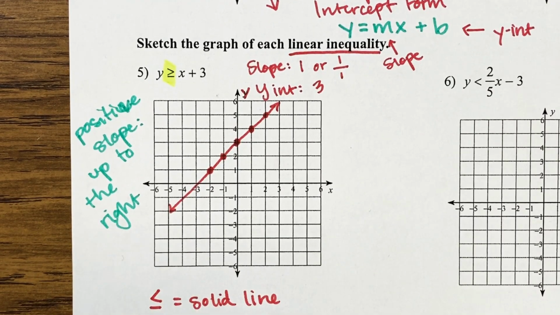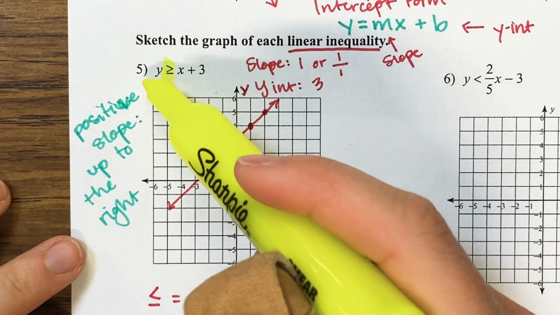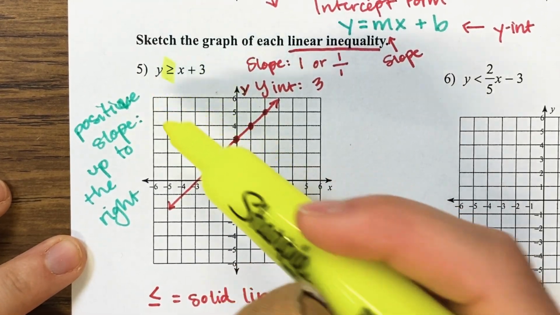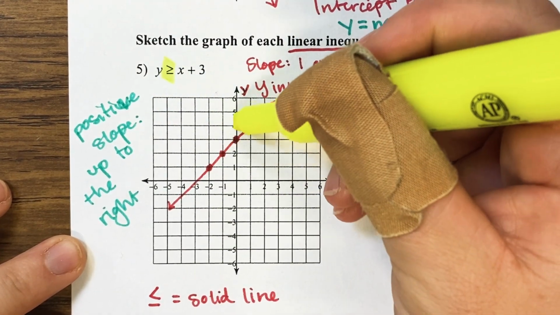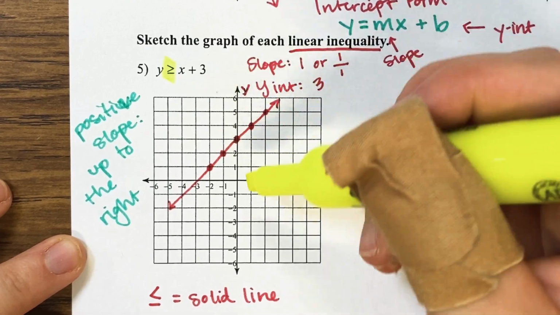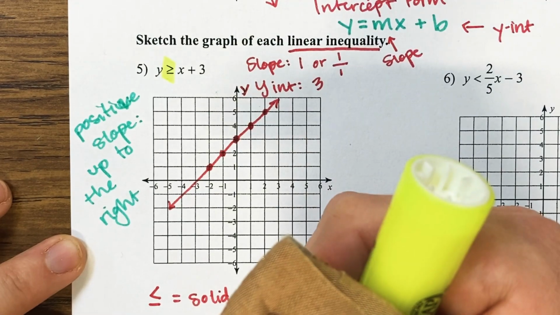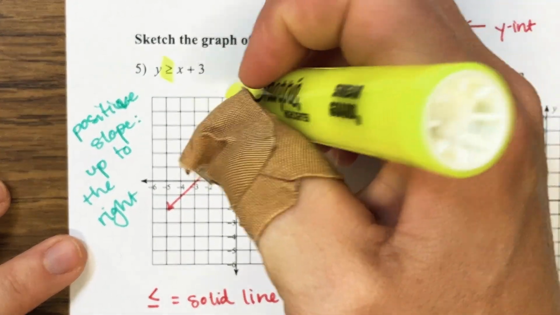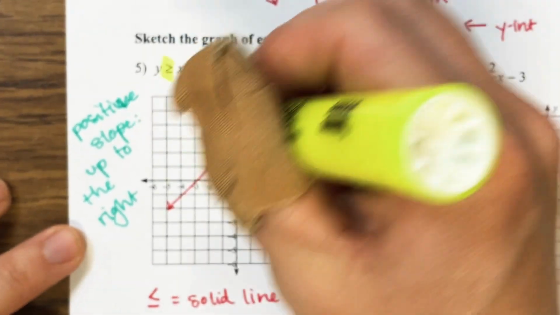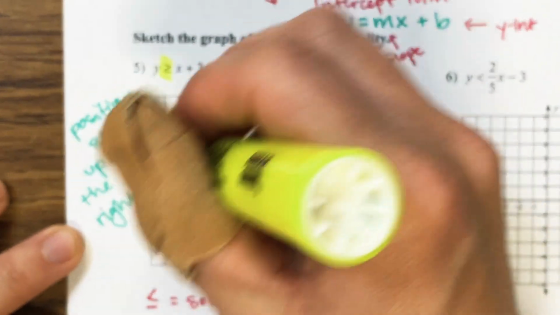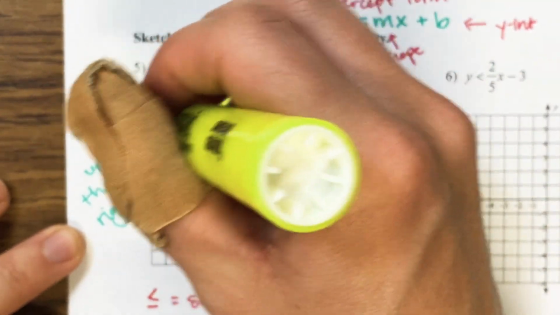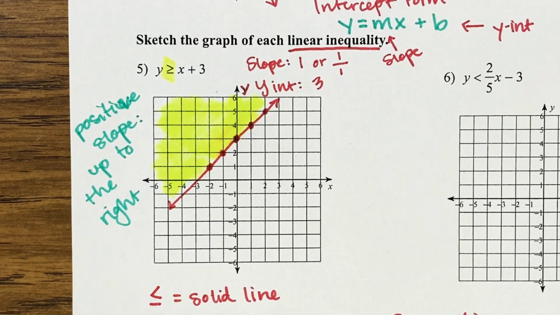So shading this guy, our y values are bigger, greater than or equal to. So where are my y values getting bigger? Which way am I going to shade, up or down? Which way are they getting bigger or greater than? It's going to shade up. Whatever that side of your line is, shading up, you shade that entire side of the graph.